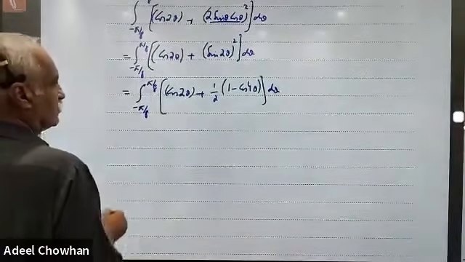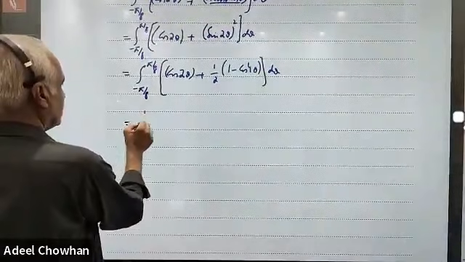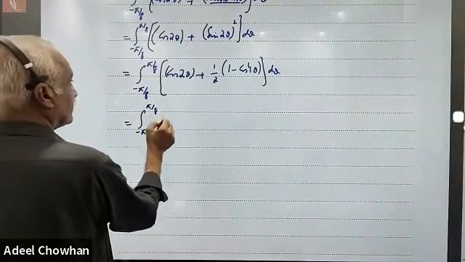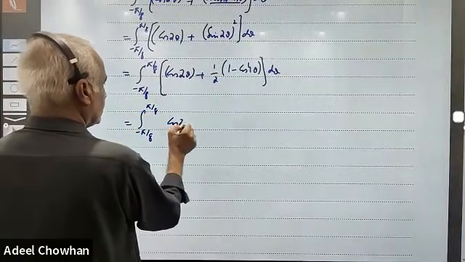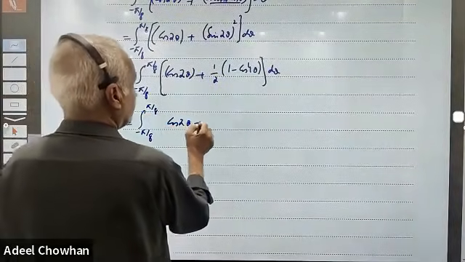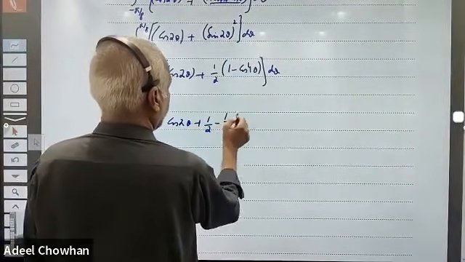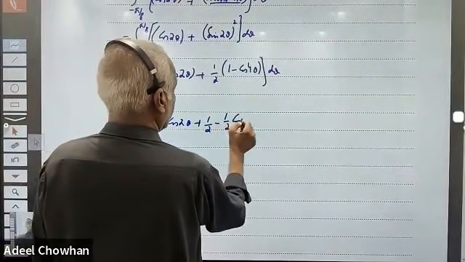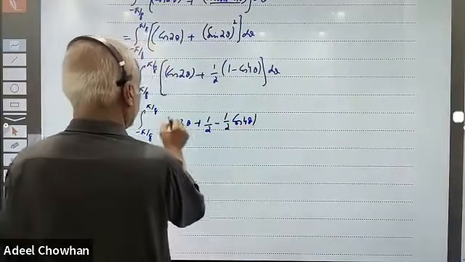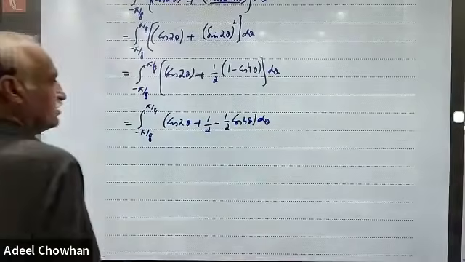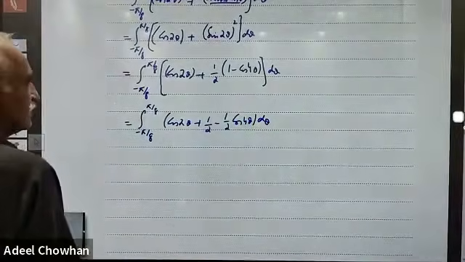So that will be equal to minus pi by 8 to plus pi by 8 cos of 2 theta plus half minus half cos of 4 theta, because sine and cos, they are always integrated with respect to the multiple of theta but not the power of theta there.